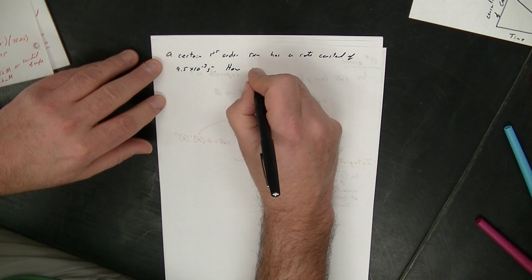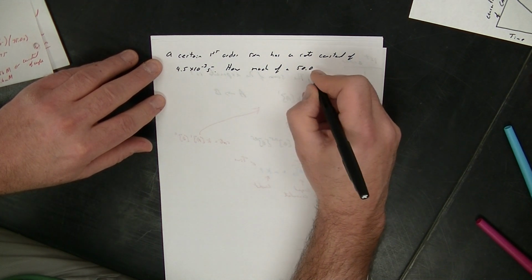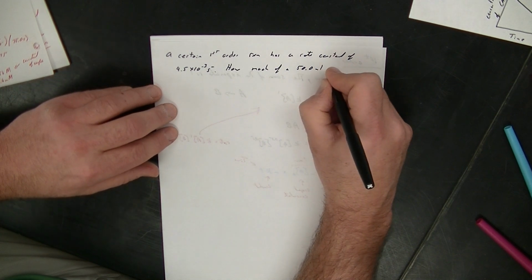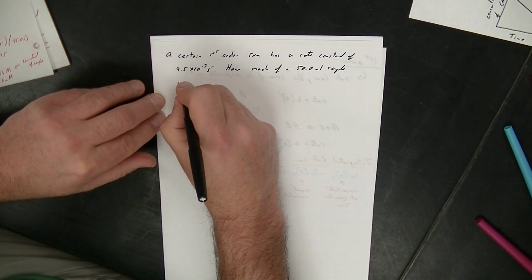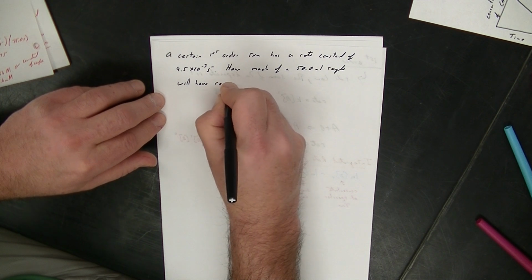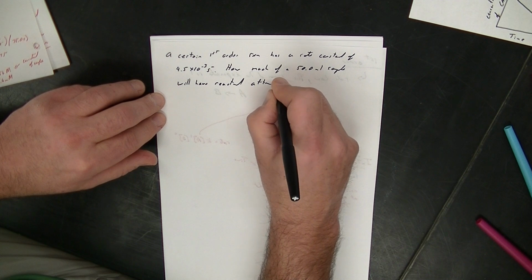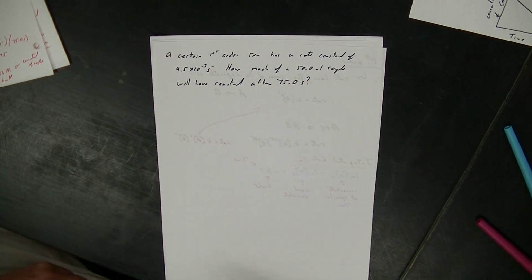How much of a 50.0 milliliter sample will have reacted after 75.0 seconds? So now it tells us that it's first order.